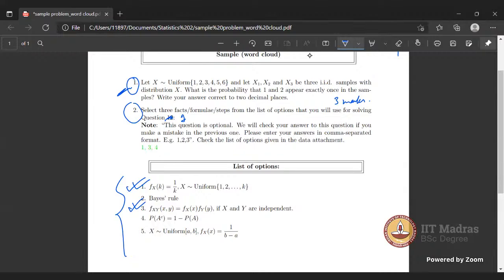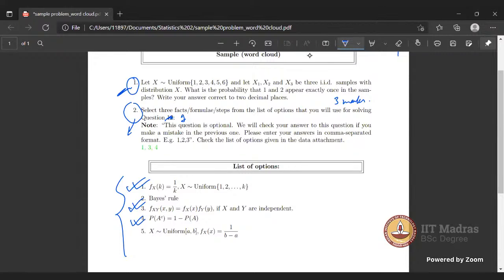Then I am also using the fact that the probability of a complement is equal to 1 minus probability of A. So let's say I have used these 3 facts. If you write these 3 facts and they are correct, then you will get some marks for this second question.